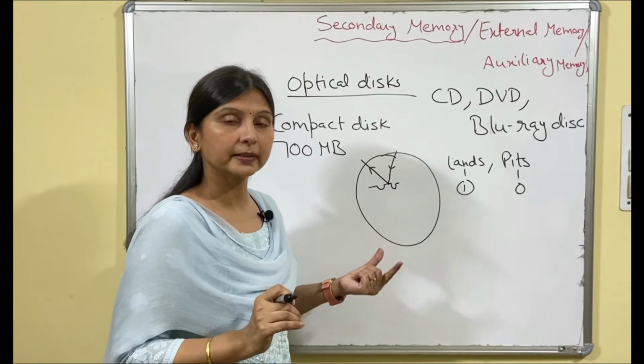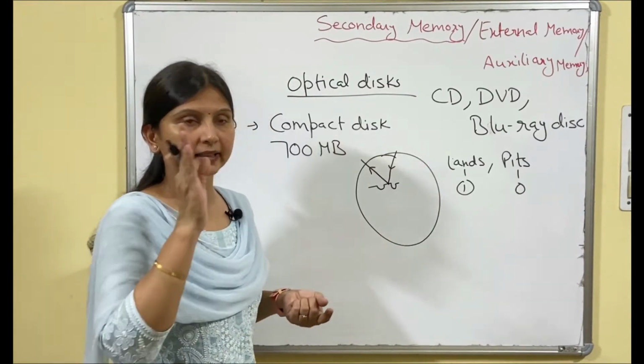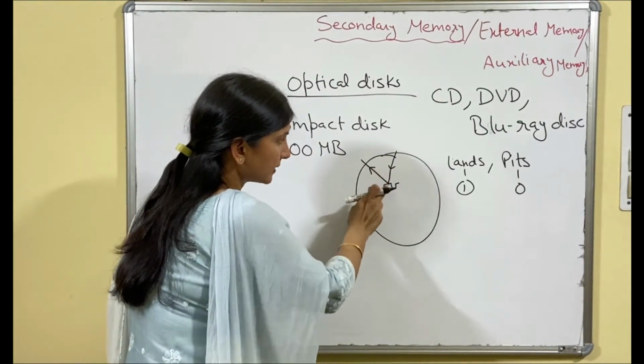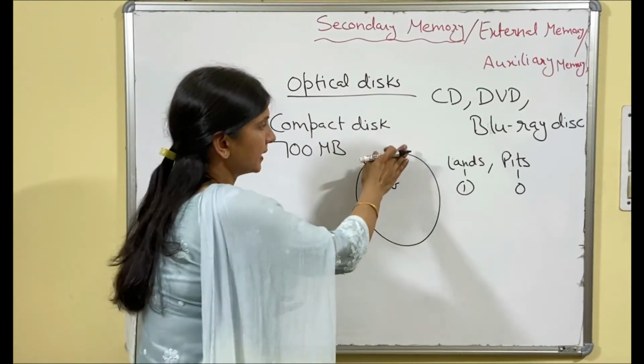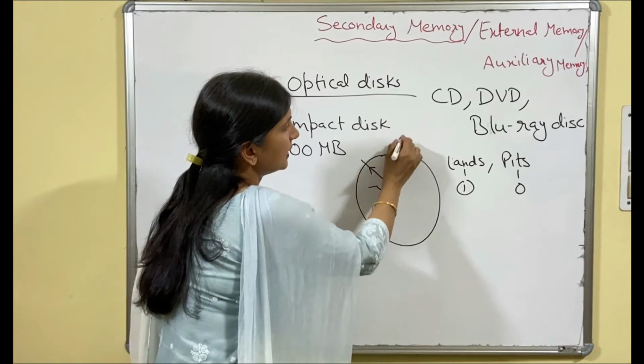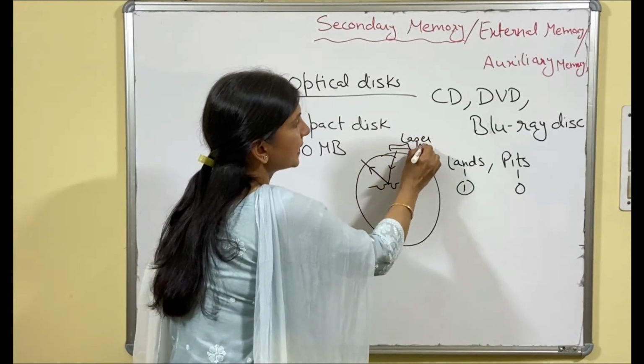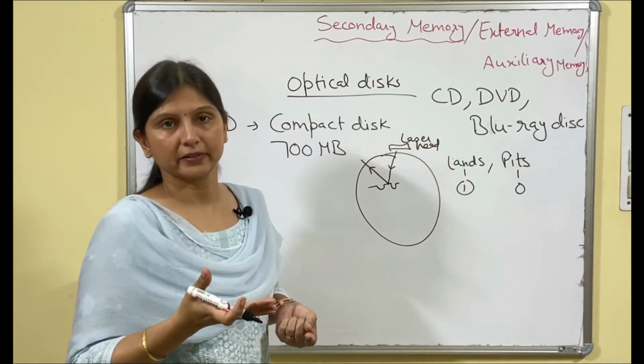So by this way it reads the data. Land is a smooth surface, so there will be reflection of light.